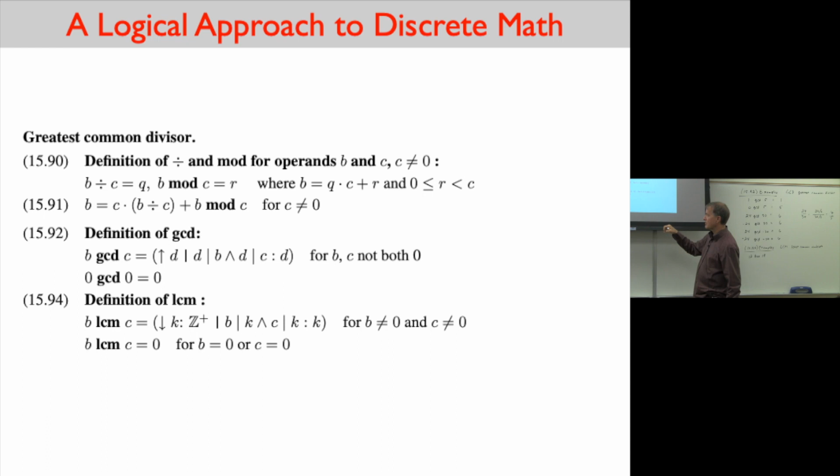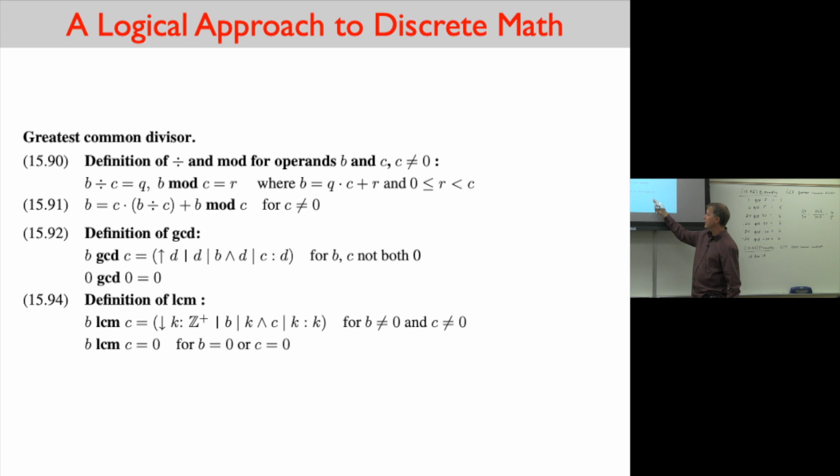It can't be a negative number. So it's the min over K such that B divides K and C divides K, of K. For B not equal to 0 and C not equal to 0.